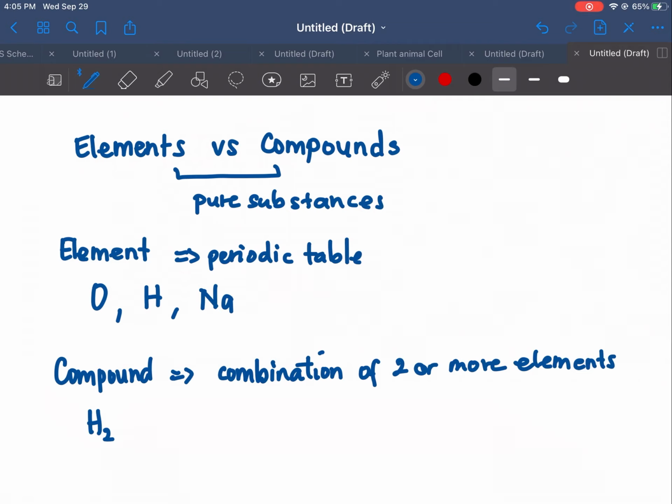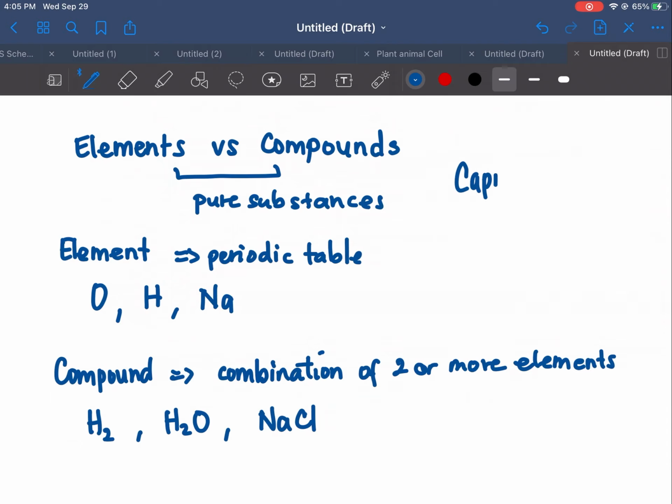This is still a compound even if it's made out of two same elements. Water is a combination of hydrogen and oxygen, so that is a compound as well. Same thing with salt, NaCl. That's a combination of sodium and chlorine. So you can see that's a compound because it's a combination of two or more elements. All right?